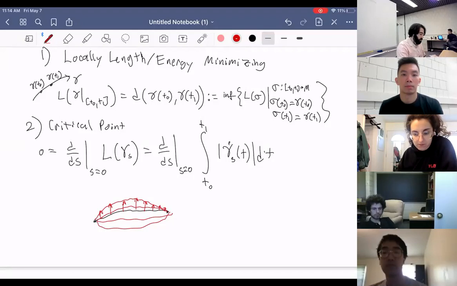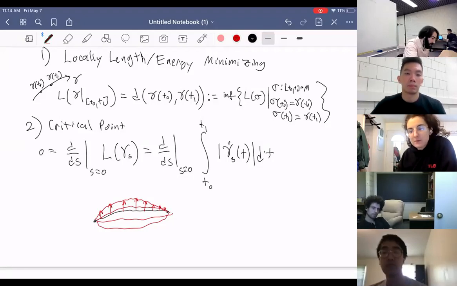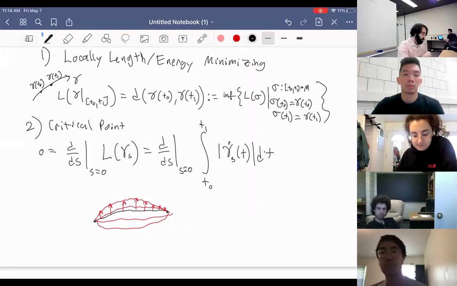And gamma is not necessarily length minimizing, it's going to be a critical point of this energy functional in all 1-parameter families. So sometimes it's going to be minimizing, sometimes it's going to be maximizing. So sometimes it'll be like a saddle point instead of a local minima or maxima.